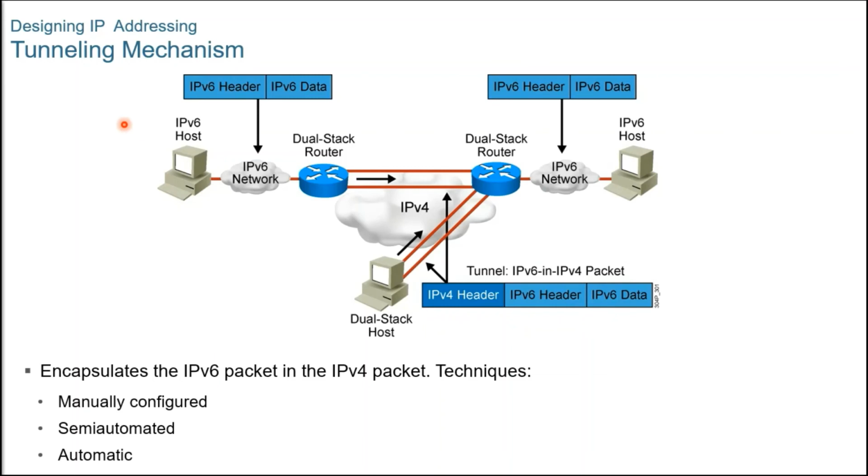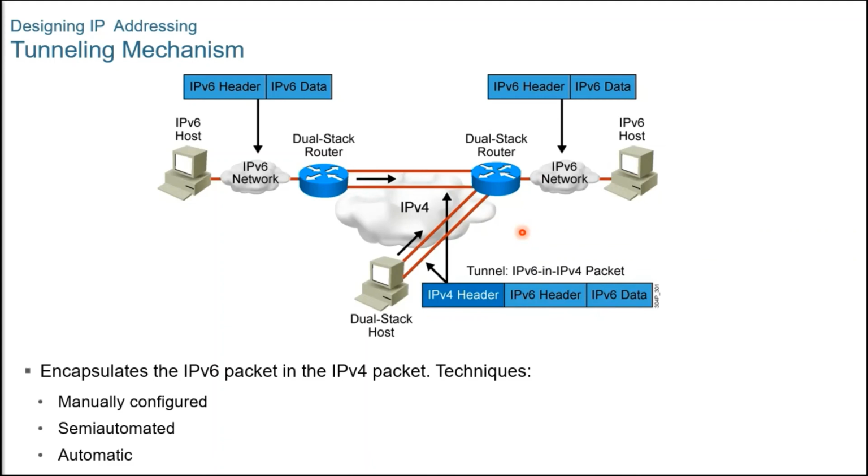Tunneling mechanism, or the tunneling transition mechanism. The purpose of tunneling is to encapsulate packets of one type in packets of another type. So when transitioning to IPv6, tunneling encapsulates IPv6 packets in IPv4 packets as shown on this figure. Okay?